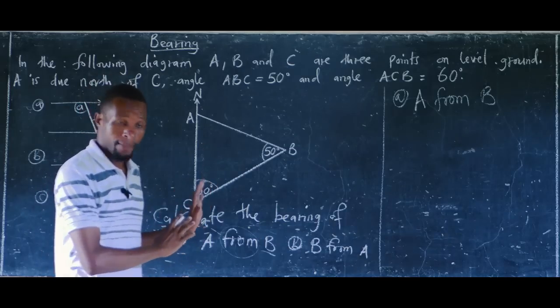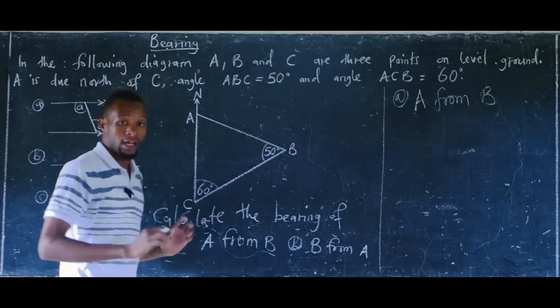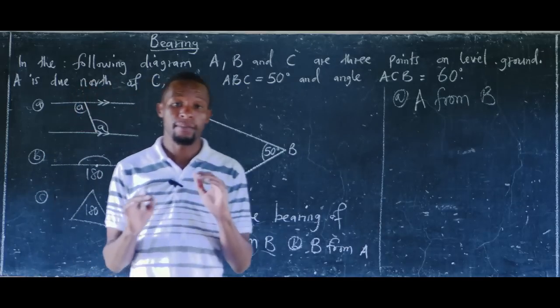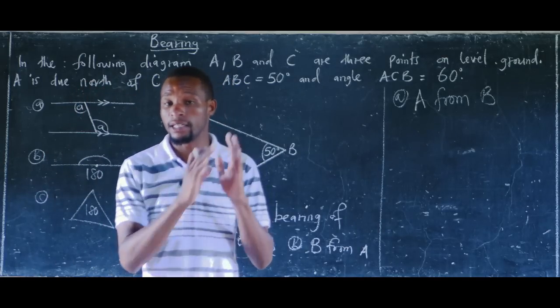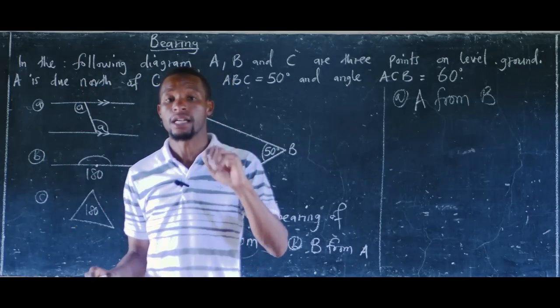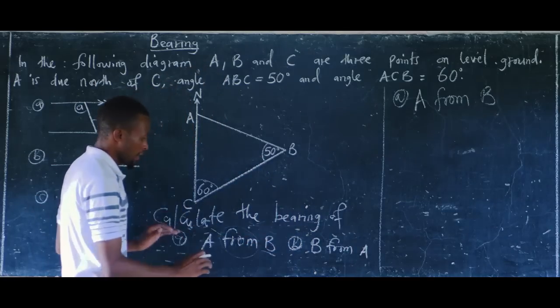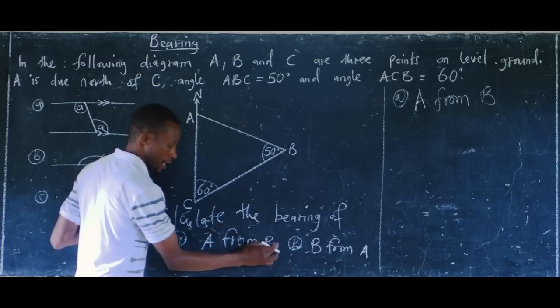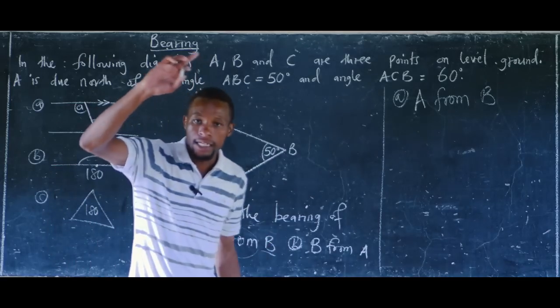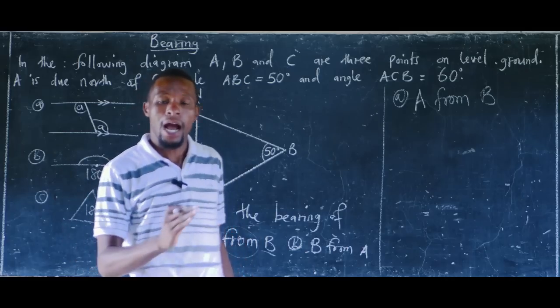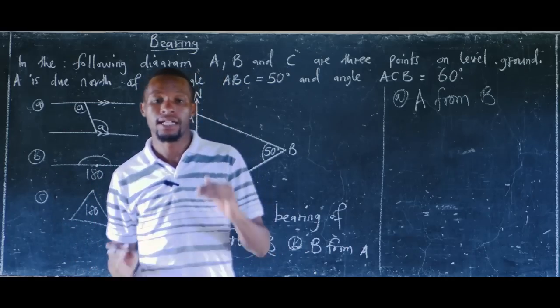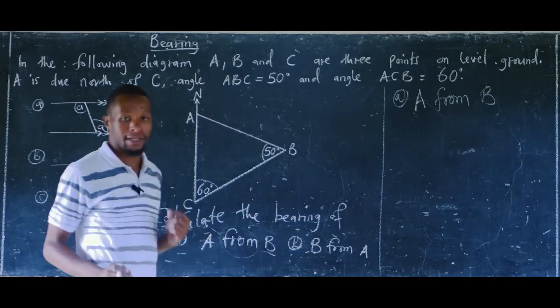In our context, we are going to be using a three-figure bearing. We are not using compass bearing where we have poles. We are using three figures, just numbers, angles only. So in this case, they want us to find the angle starting from B, going in the clockwise direction up to the line which is connecting A and B.